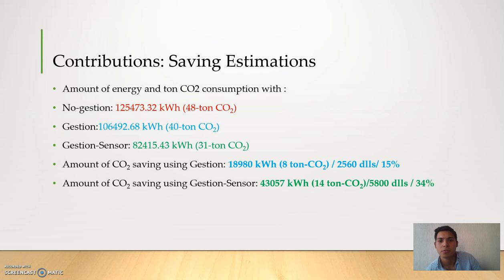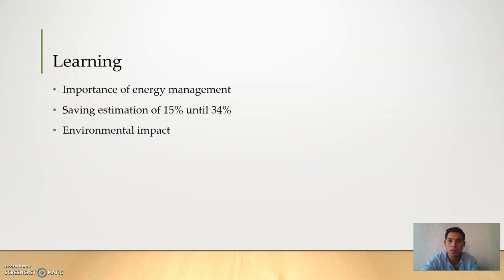As a result, for the saving estimations, using just management without another investment, UdeC can save 15%. And using energy management with sensors, UdeC can save 34%. I learned about the importance of energy management and the difficulty it has. Also, by making just estimations, we can see we can save from 15% up to 34%.